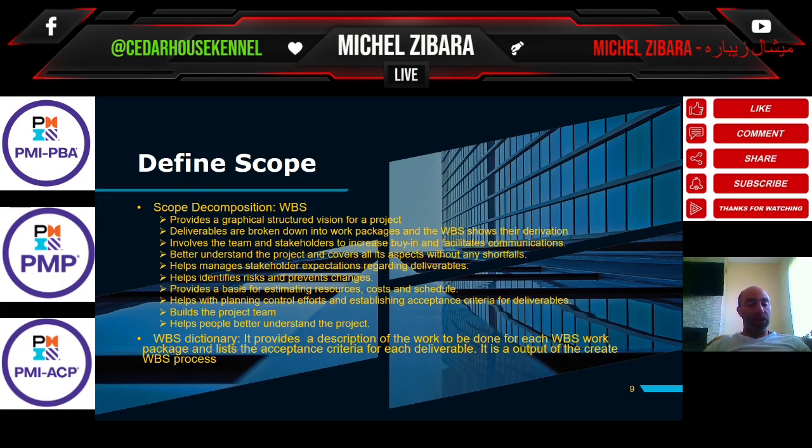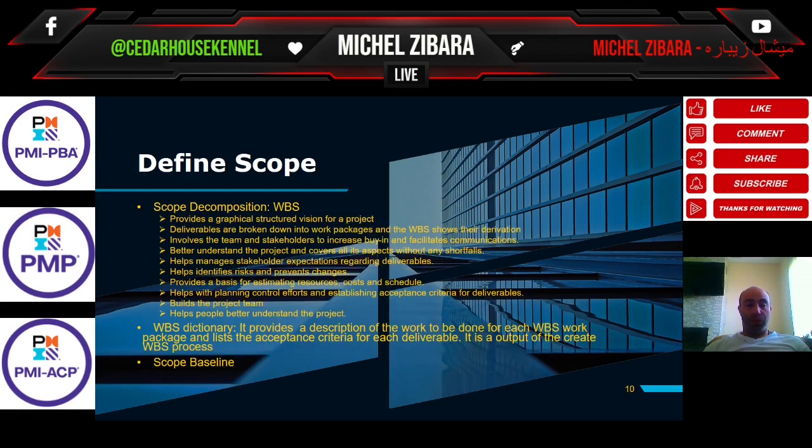It builds the project team and helps people better understand the project. WBS dictionary provides a description of the work to be done for each WBS work package and lists the acceptance criteria for each deliverable. It's an output of the create WBS process. Okay? That's crystal clear and very important.